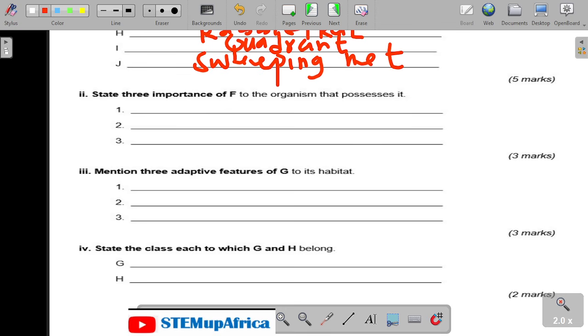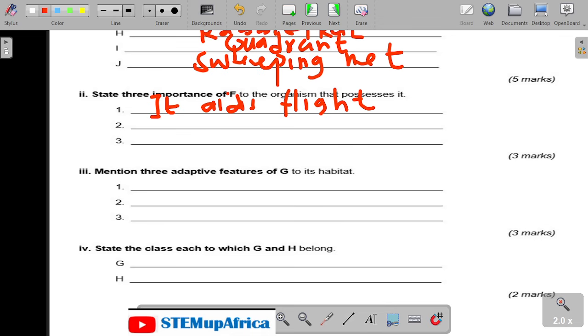Then Roman figure 2 states three importance of F to the organism that possesses it. The quill feather, one, it aids flight.